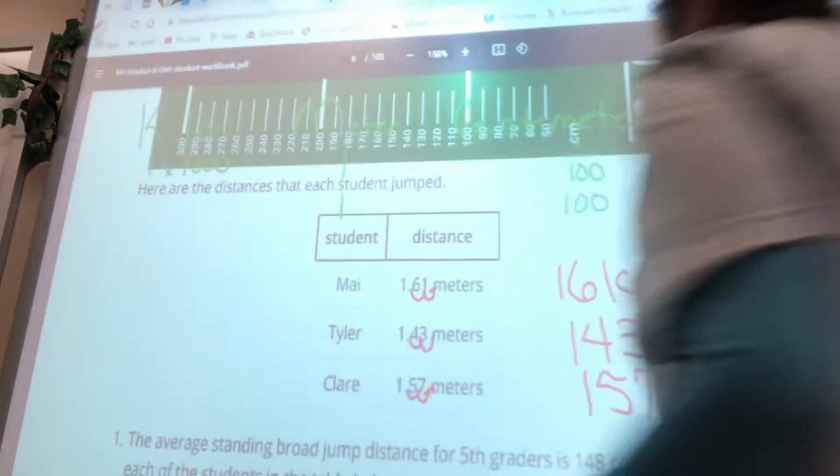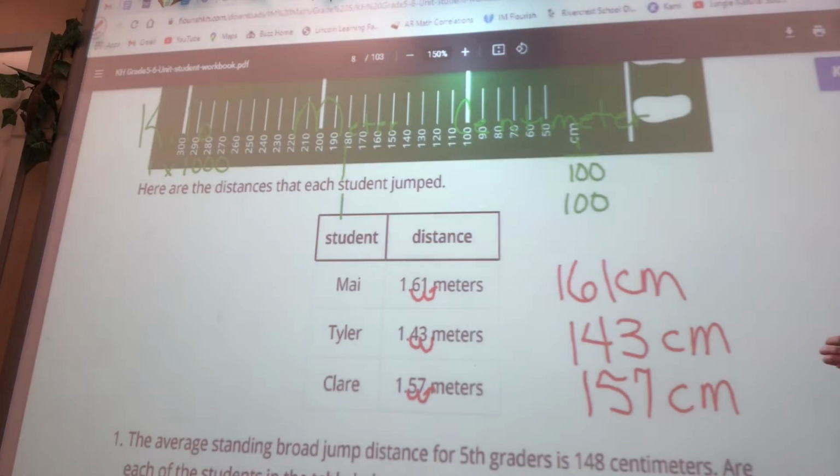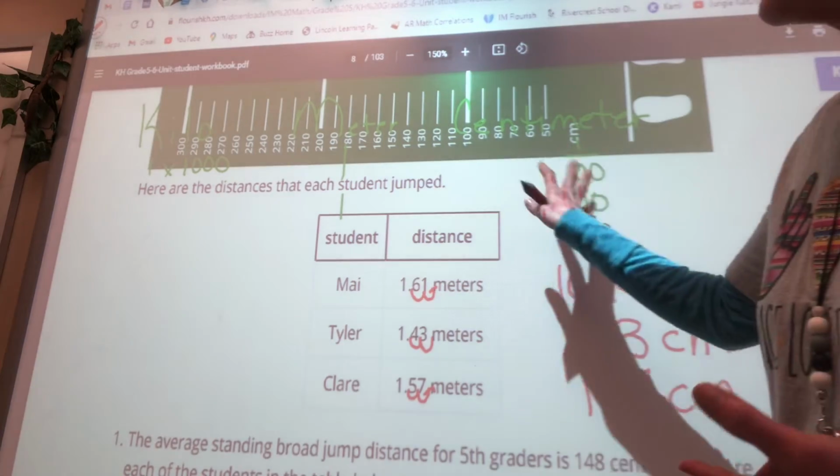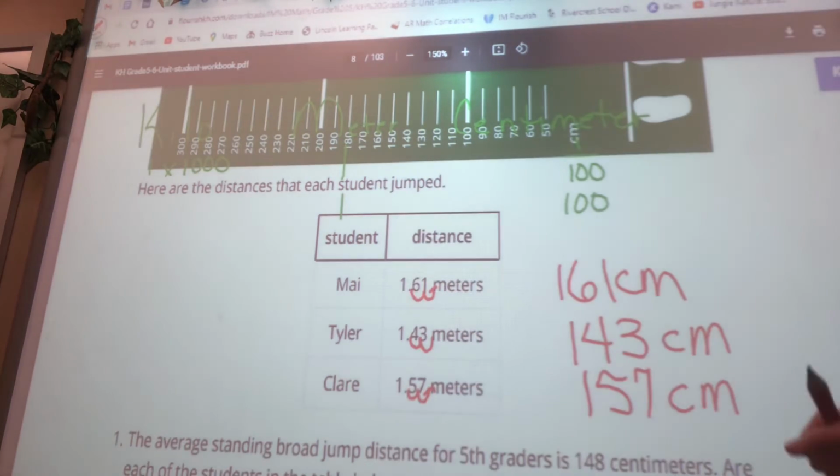Okay, now that we've got it converted to centimeters by saying there's 100 centimeters in 1 meter. Okay, so now we can look at this, and now we know it says the average is 148. Are each of the students in the table below at or above average?